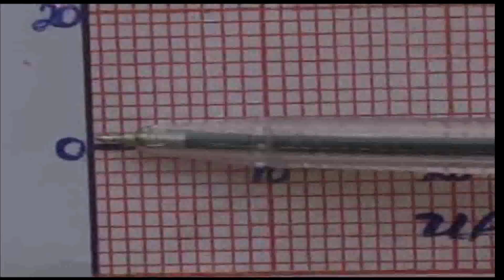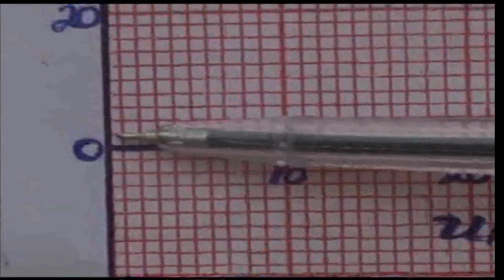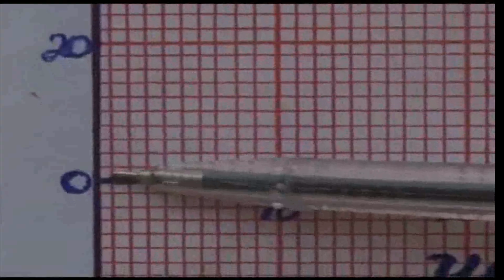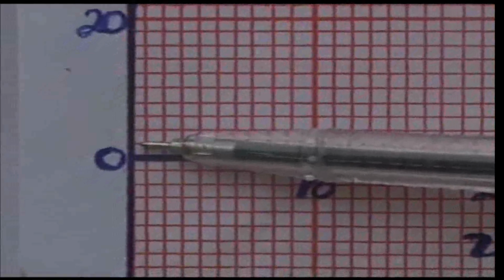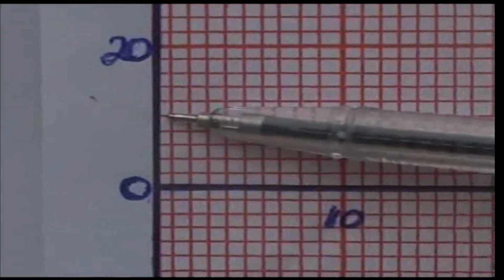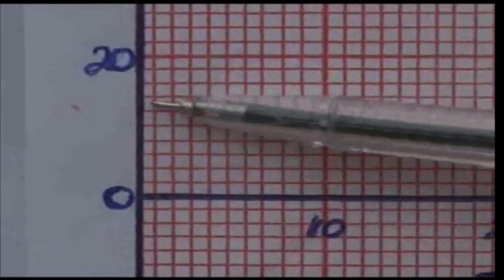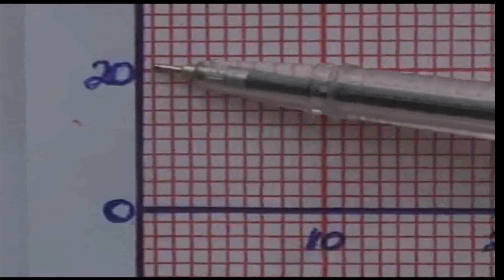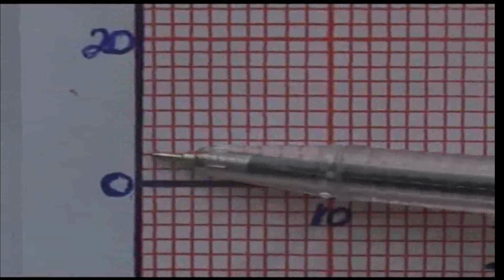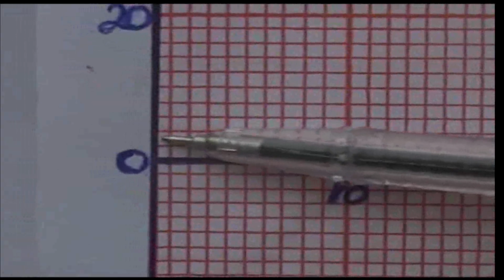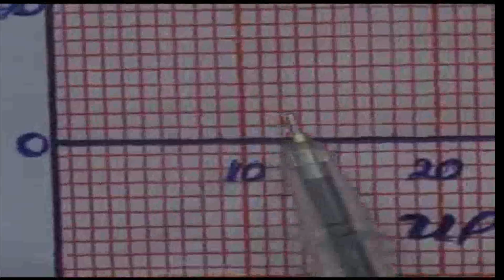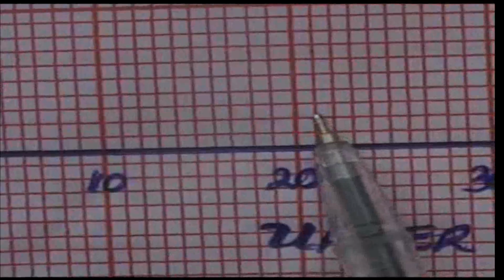That means each of the small squares measures 2. That was why, if this is 0, this is 2, 4, 6, 8, 10, 12, 14, 16, 18, then 20. So if from here to here is 2, that means in between here and here, halfway is 3.